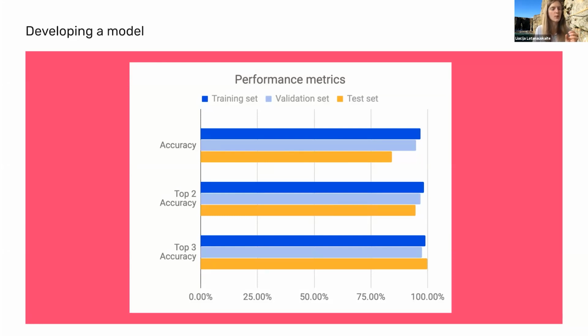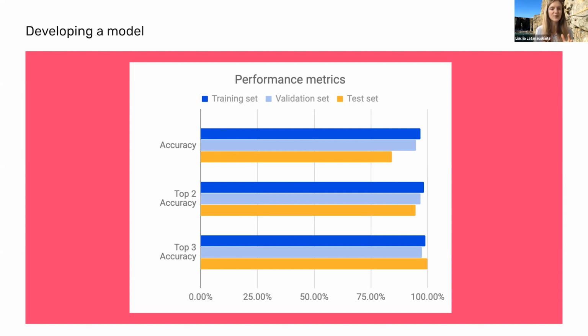But the test set was quite small, and it did have some trickier problems there too. But if you look at top two predictions accuracy, so if you count something as a correct prediction even if only the second best prediction was the correct one, you get really high accuracy metrics. We're talking here close to 100%.